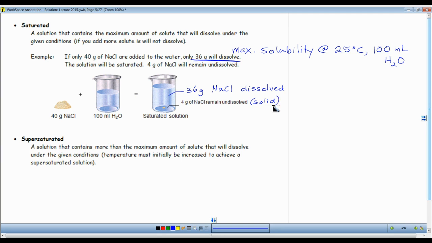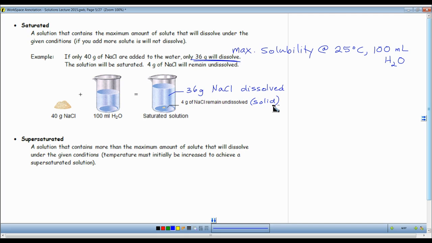It's really easy to make saturated solutions. You take your water and you just dump in whatever your solute is, sodium chloride, let's say. Just dump in some salt, stir it around. If it all dissolves, you are not saturated.